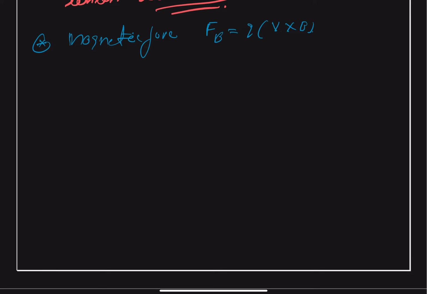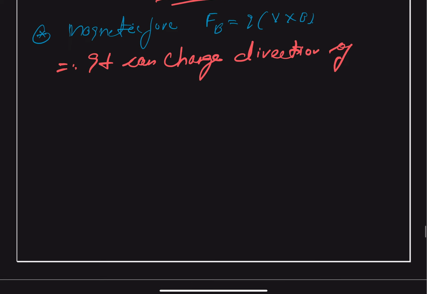It means magnetic force can change the direction of motion, and this direction of motion can be circular or it can be a helical trajectory.